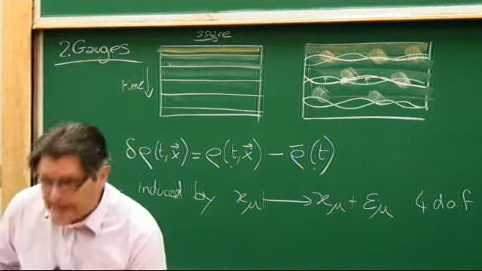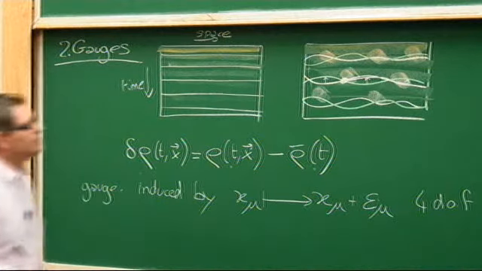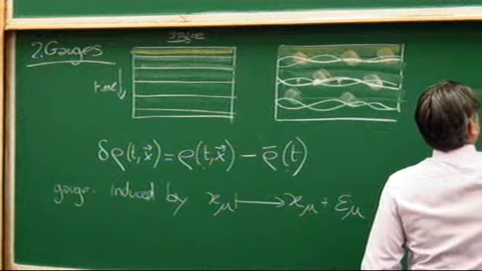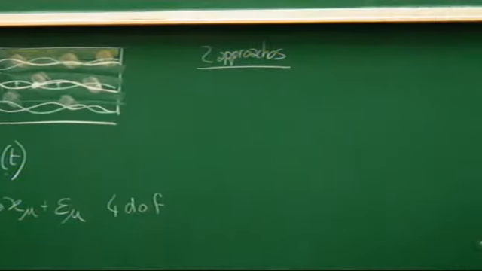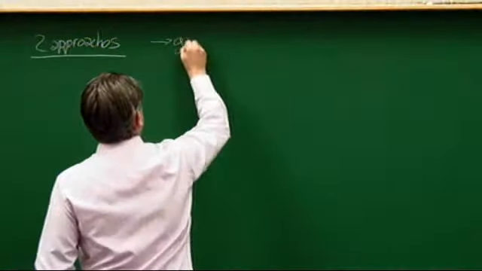So now how do you deal, in everyday life, in cosmological problems, with this issue? There are 2 approaches. You could try to deal only with gauge invariant quantities and equations. So this is a gauge invariant approach.